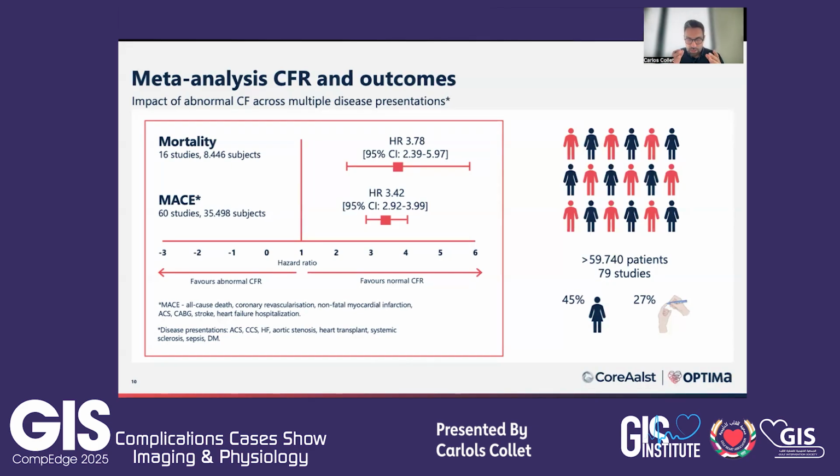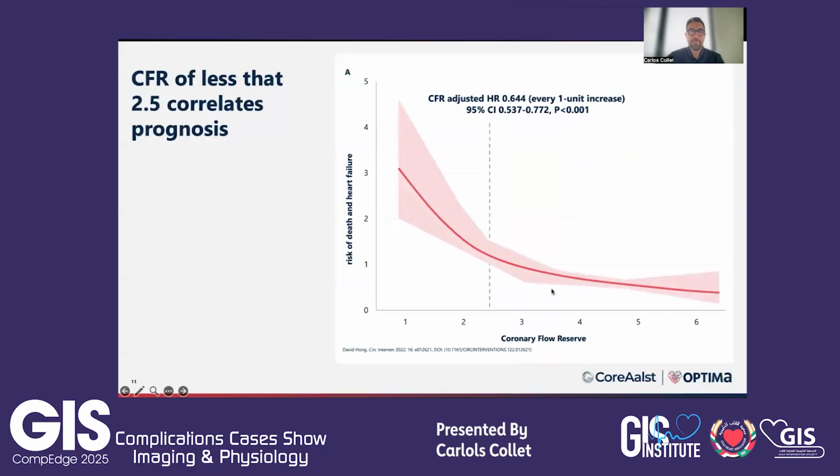Now, the reason why this is clinically relevant is because if you measure CFR and the CFR is low, that patient will have a 3 or 4 times higher probability of dying or having an event in the follow-up. This is a meta-analysis of more than 8,000 patients, demonstrating that CFR has extremely strong prognostic value in patients presented to the cath lab.